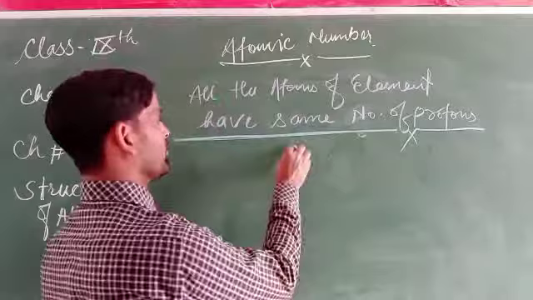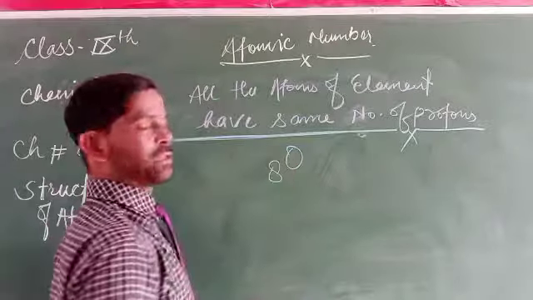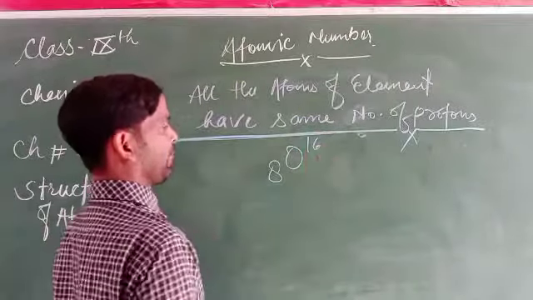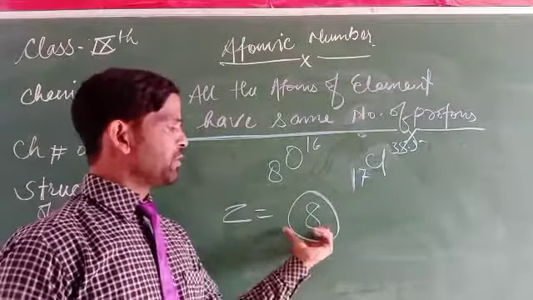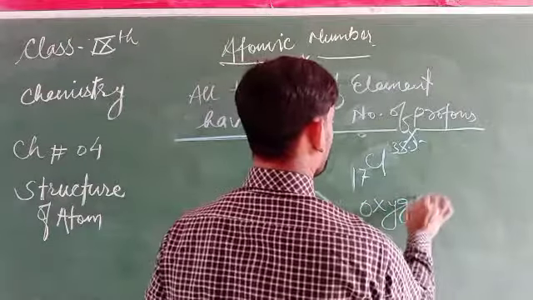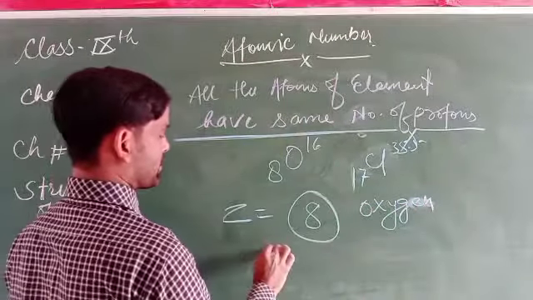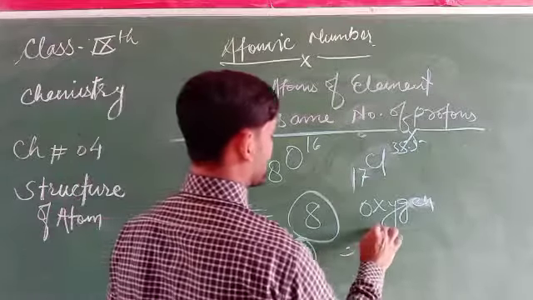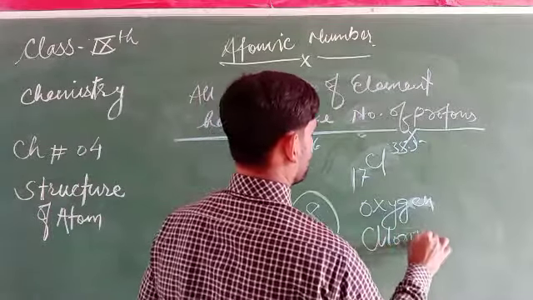Because if there is oxygen, written as 8O16, or nitrogen or chlorine, if we write Z is equal to 8, that confirms that this is the oxygen. And if we write over here Z is equal to 17, it confirms that there is chlorine.